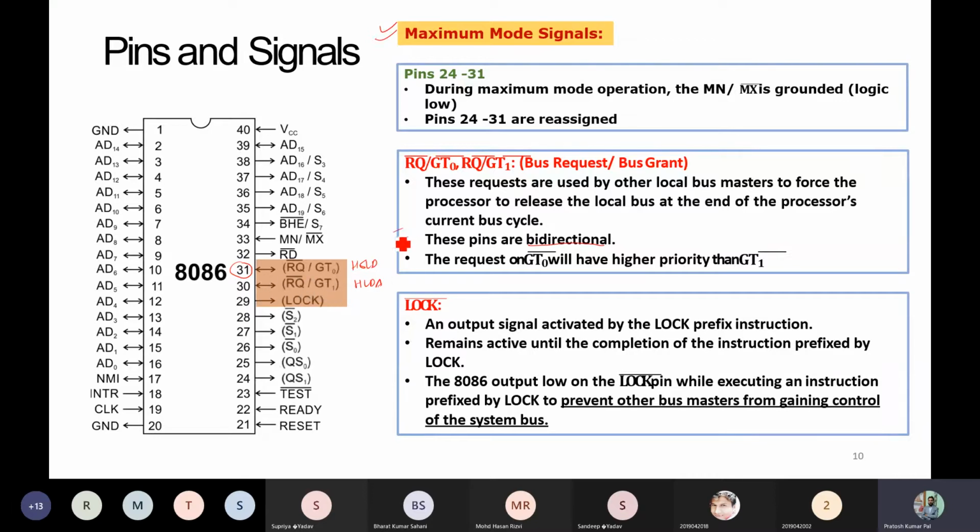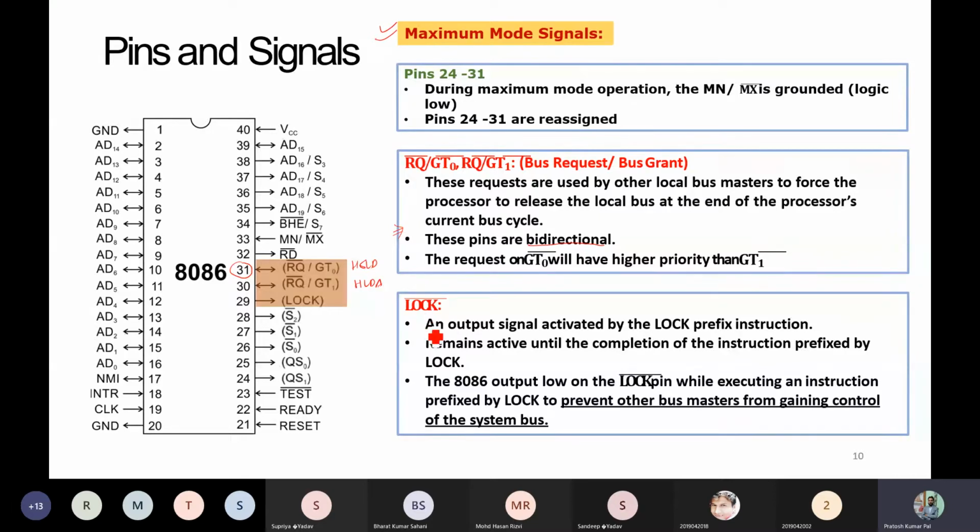Both are used for taking the request and granting the permission, but if GT0 and GT1 are requested at the same time, the request of GT0 will be considered of high priority.